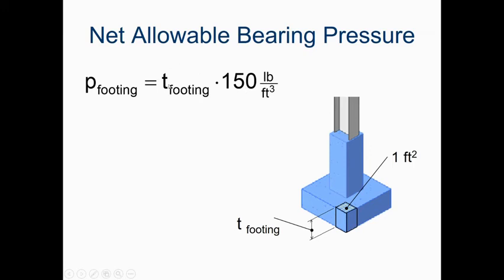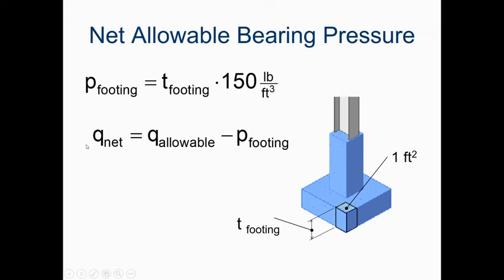This thickness of footing is going to be how thick I've poured my chunk of concrete in the ground. Notice in this case, this is talking about 1 square foot of the concrete as the area, but the thickness is what gets varied. Oftentimes it's somewhere between 1 foot to 2 feet. Generally not thicker than that, generally not thinner than that. So here's our Q net.